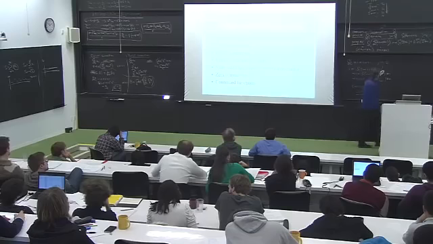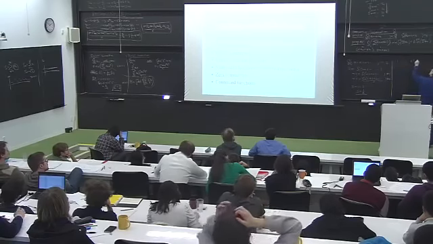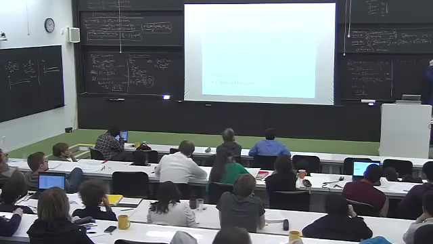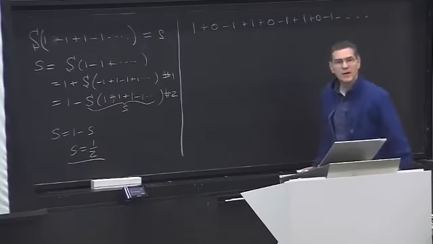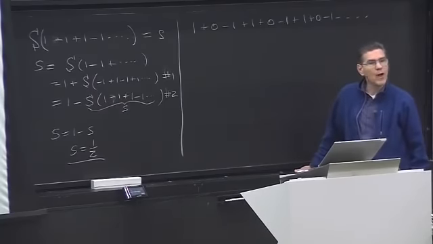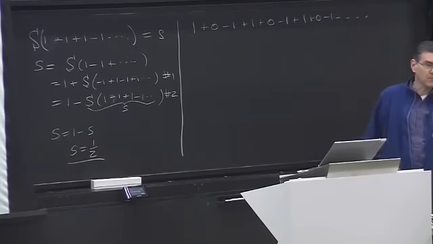What do you get if you add up the series 1 plus 0 minus 1 plus 1 plus 0 minus 1 plus 1 plus 0 minus 1, and so on? What do you get if you sum that series? Well, let's do what Mr. Euler says.